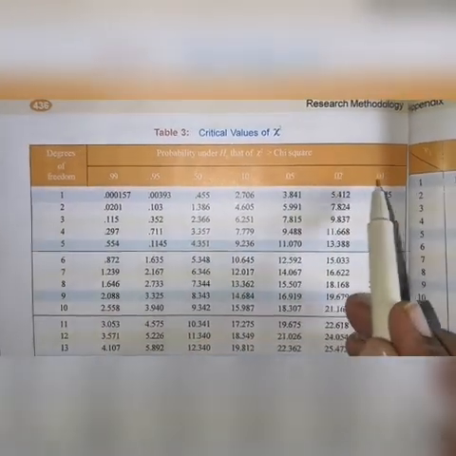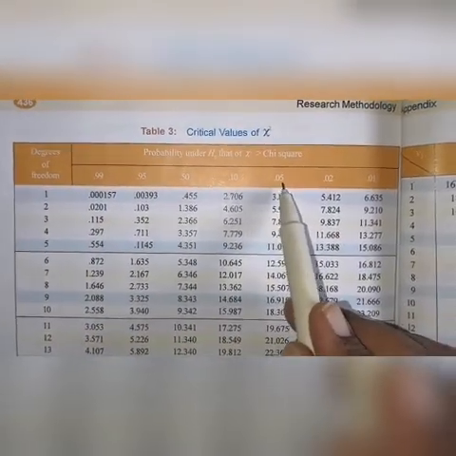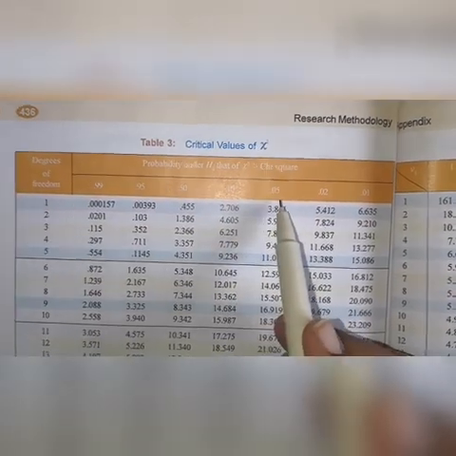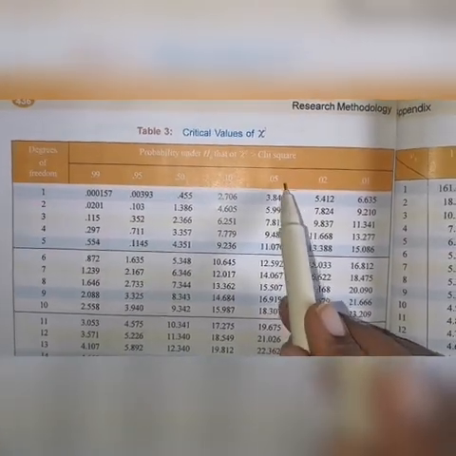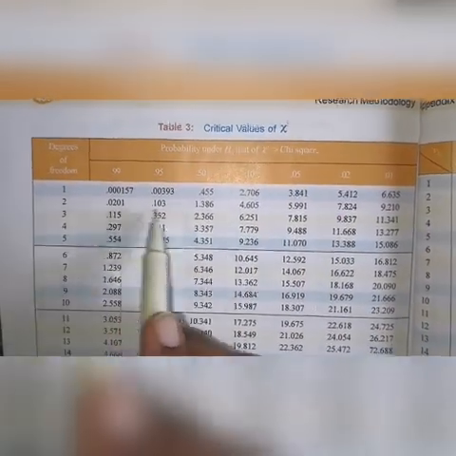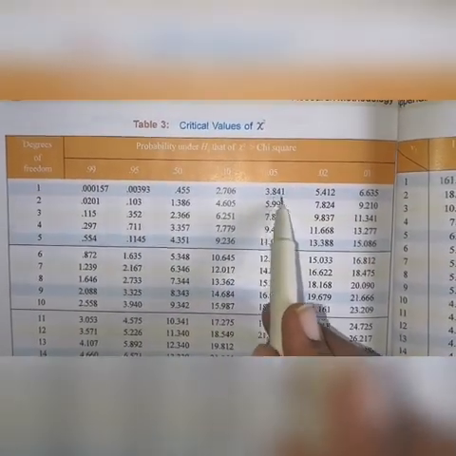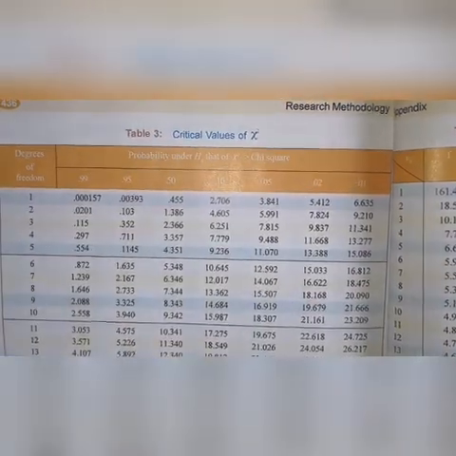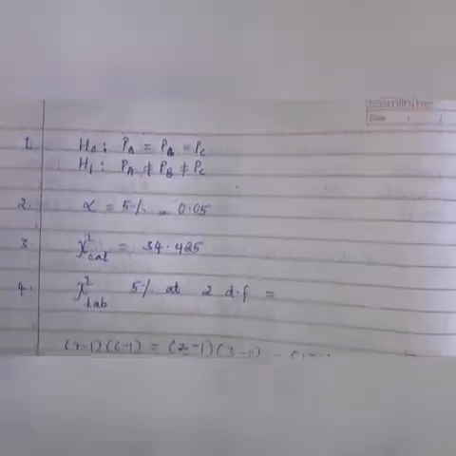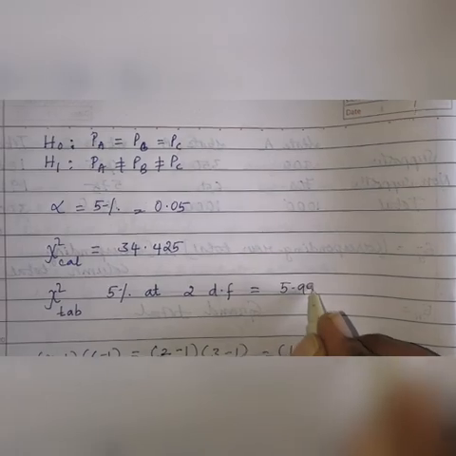We want the 0.05 level of significance, and the degrees of freedom was 2. So 2 degrees of freedom is here and 0.05 is here. The value is 5.991. Okay, so the critical region will start from 5.991.